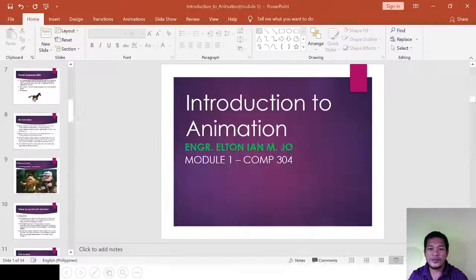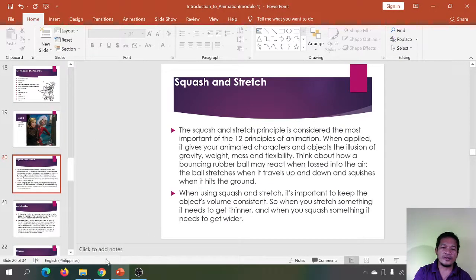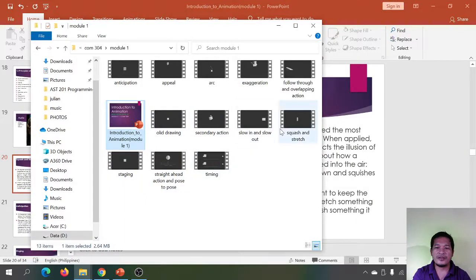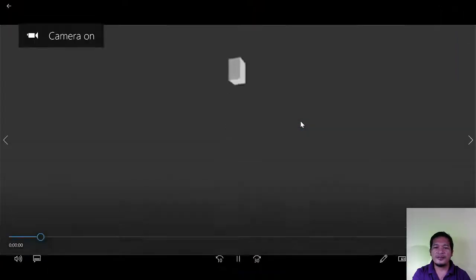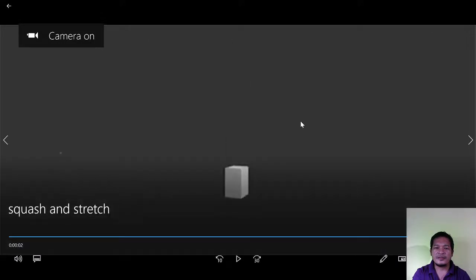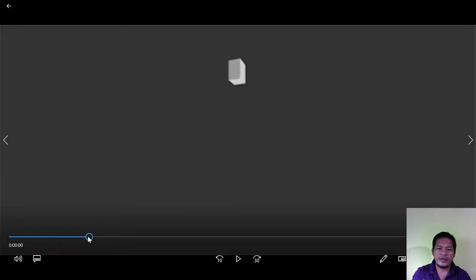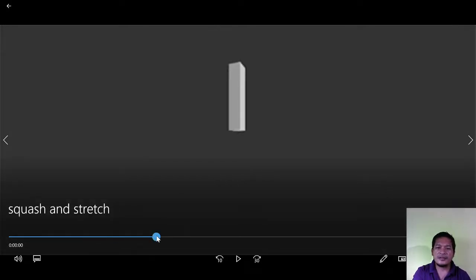So this is an example of squash and stretch animation. This one is the sample. Going upward, it stretches. When it reaches the top, it compresses. And on the way back down, it stretches because of the weight and the gravity.